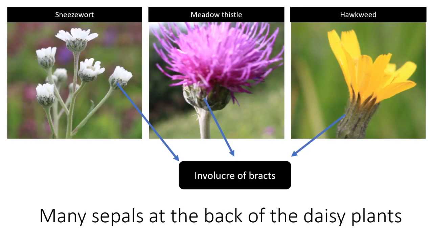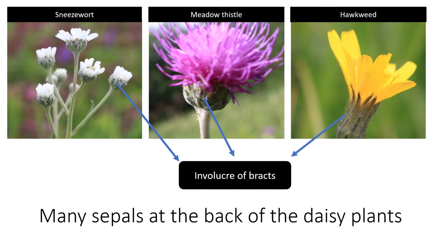Another characteristic of the daisy family is if you look at the back of the flower where the sepals are. Because you've got a whole lot of flowers joined together, we don't call them sepals anymore. What we call them, and it's a great term, is an involucre of bracts. So loads of different leaves that look green at the back of the flower.